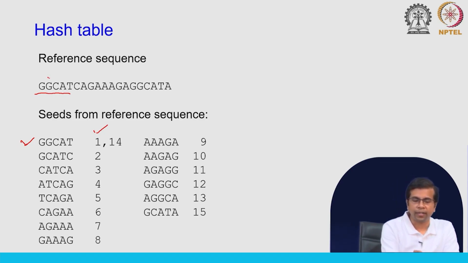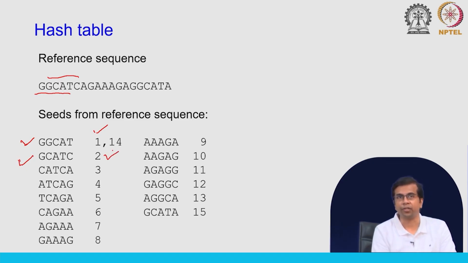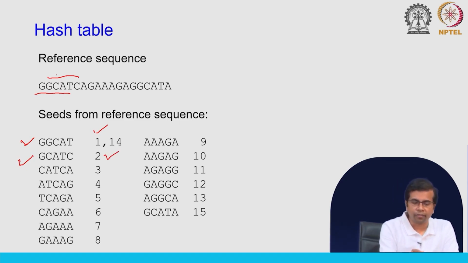Then we move on to the next one, GCATC, and we add that substring to the hash table. We have the location, which is 2, and then we slowly move along this reference sequence, and finally we see this one here, GGCAT, which was already present.